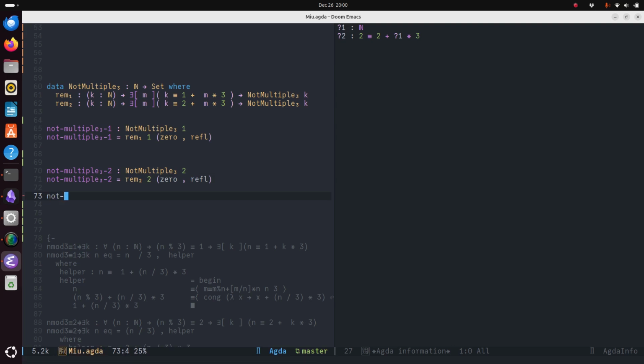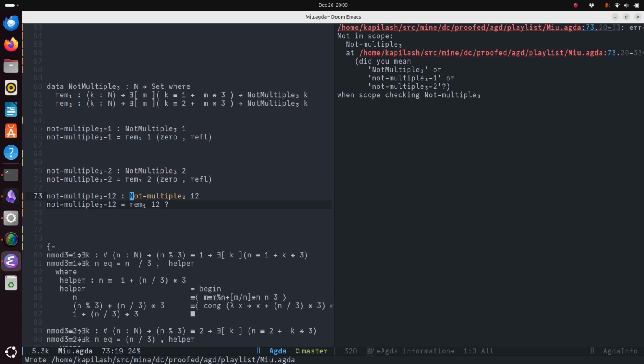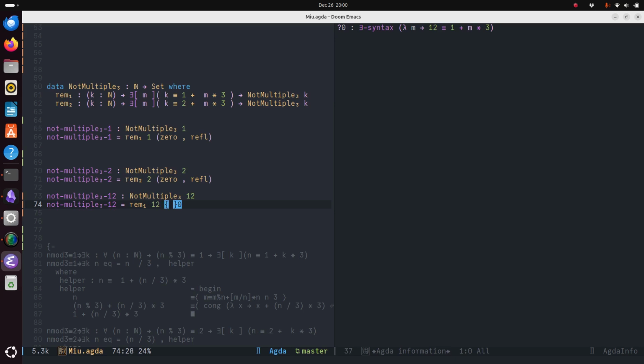Just to be safe, let us see we can indeed prove that, say for example, take a 3 multiple and prove that we cannot make it, or we cannot somehow sneak in a 3 multiple as a non-multiple. So let us refine it.